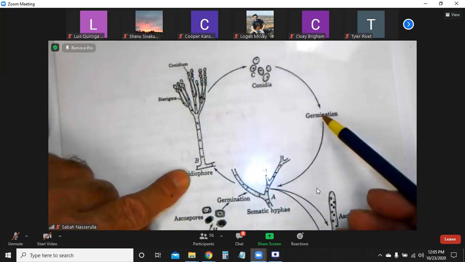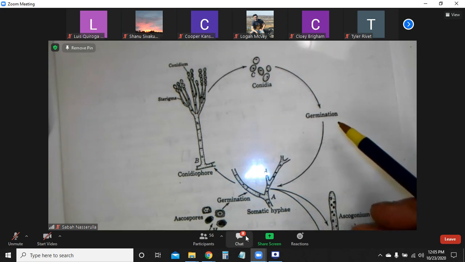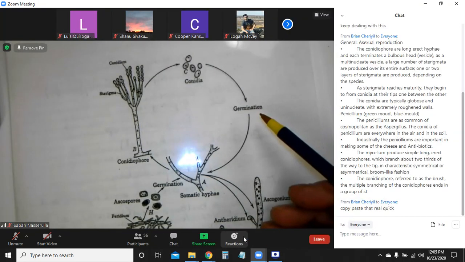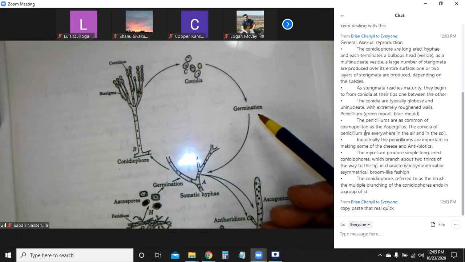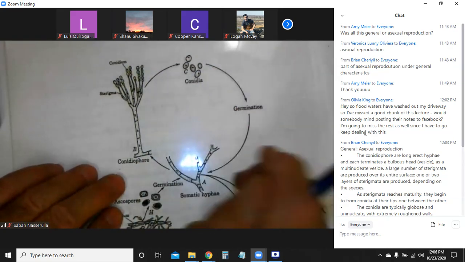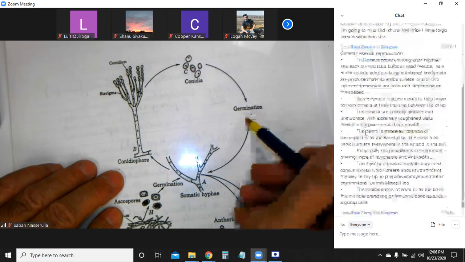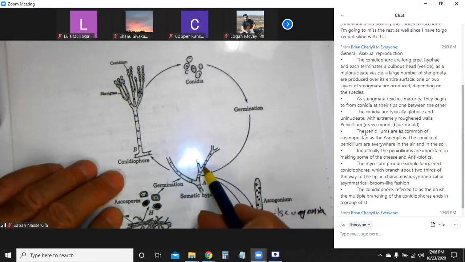When they land on any medium, they germinate, but always keep in mind, fungus needs moisture. Only some special species, like Erysiphe on the plant, can germinate even at zero humidity. But in general, they always need humidity. Later the conidia germinate into a germ tube, then you come to a mycelium, and the life cycle repeats itself.